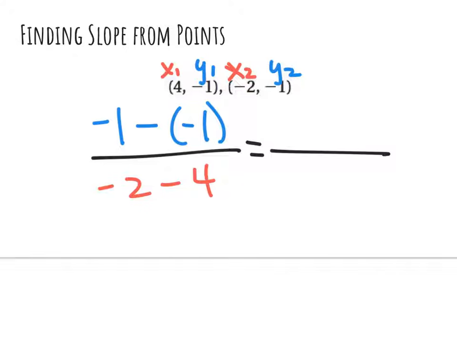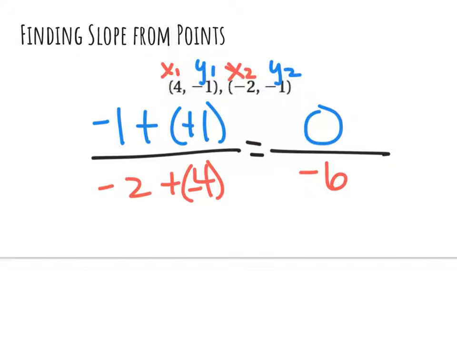If I simplify this, I'm going to get negative 1 minus a negative 1, which is the same thing as negative 1 plus a positive 1. That's going to give me 0. And for my denominator, I'm going to get negative 2 minus 4, which is the same thing as negative 2 plus a negative 4, which gives me a negative 6.